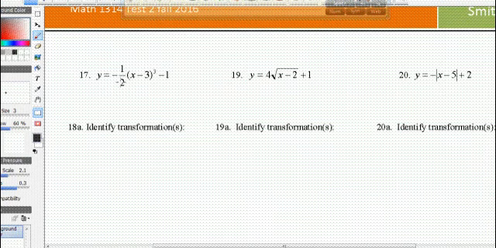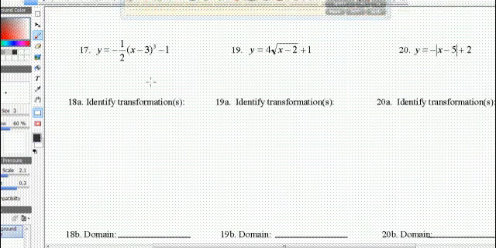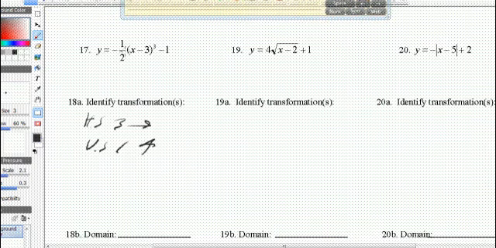Okay, here comes the review stuff. We've talked about this. You've got several examples. Transformations: horizontal shift, 3 right, vertical shift, 1 up, and reflection across the x because of the negative sign.